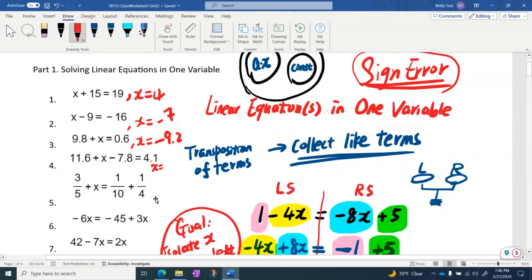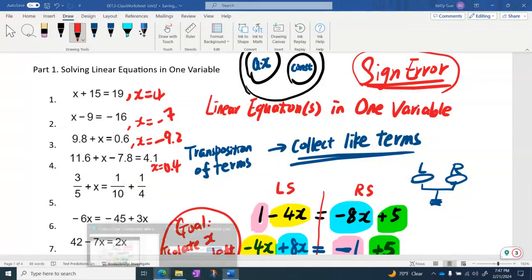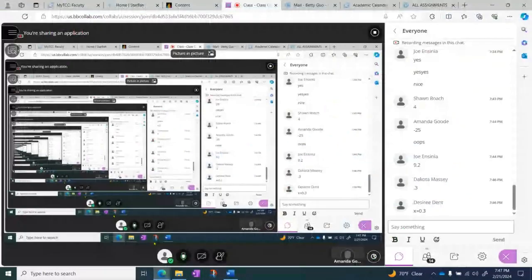So I have a 0.4. 11.6 minus 7.8 is 3.8, and 4.1 minus 3.8 is 0.4. Let's see if you have the same number. Huh? Did I mess that up?